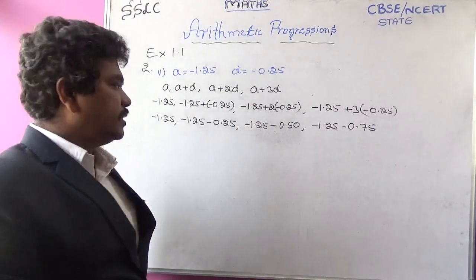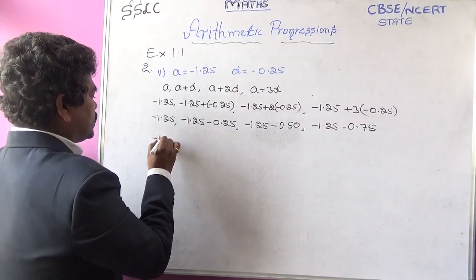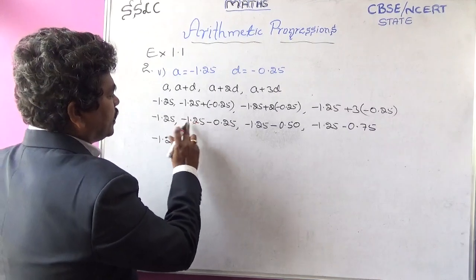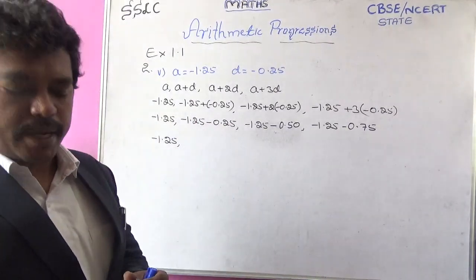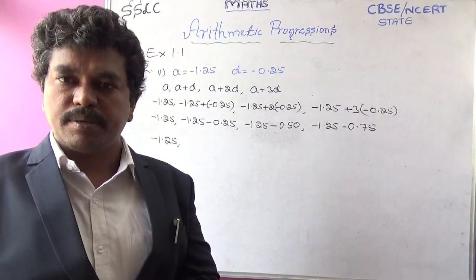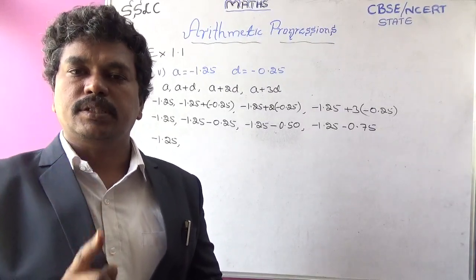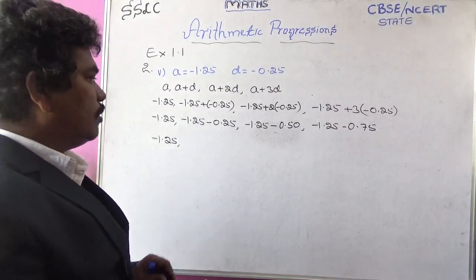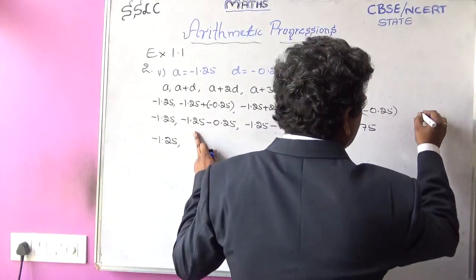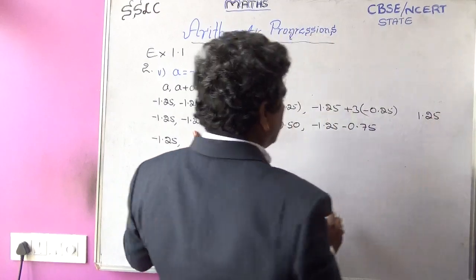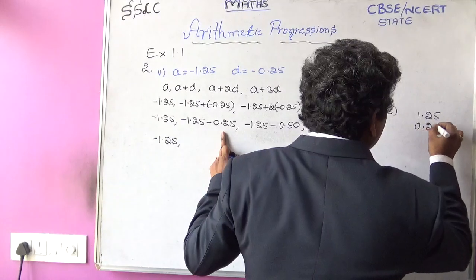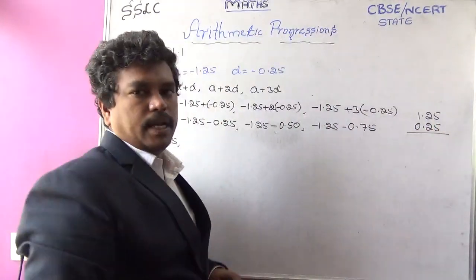Now we have to simplify this one. Minus 1.25 comma, here both symbols are minus, that is if they are having the same symbols you have to add the numbers. So therefore we have to add these two. How can you add the decimals? I will show you how to add the decimals. 1.25, so you write this one, that is 0.25, you write this one like this.